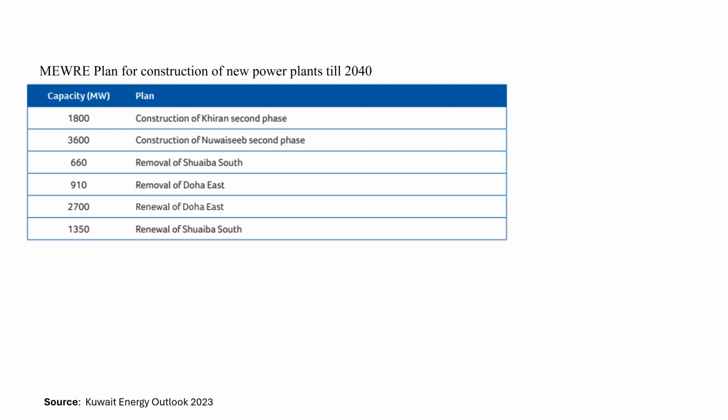We have plans for construction of new power plants till 2040, and these are the plans you can see here: renewal, removal and construction. The Khairan and Nuwaiseeb one is actually a bit delayed.